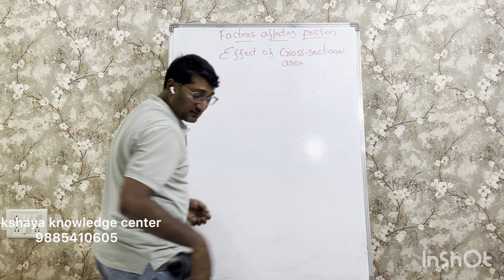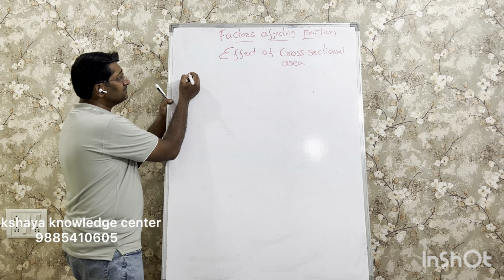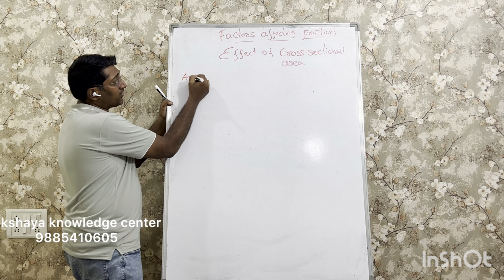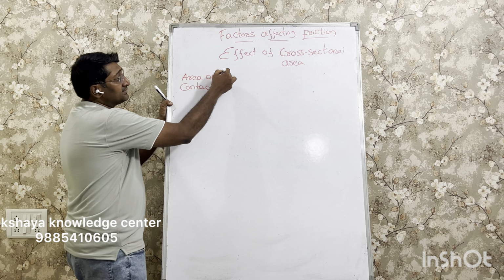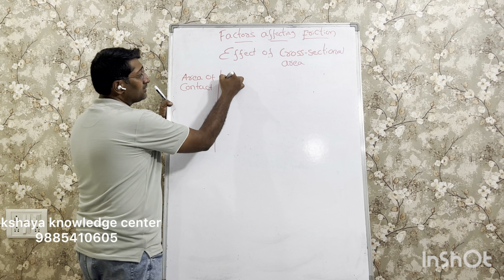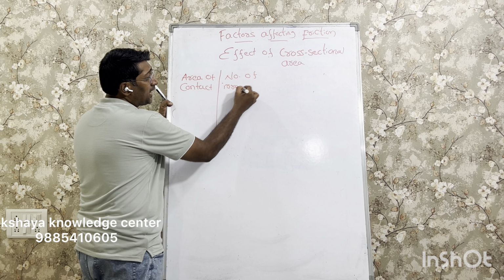Let's summarize it with our results. The first column for ours is, as usual, this time it is area of contact. Second column is number of irregularities or ups and downs.